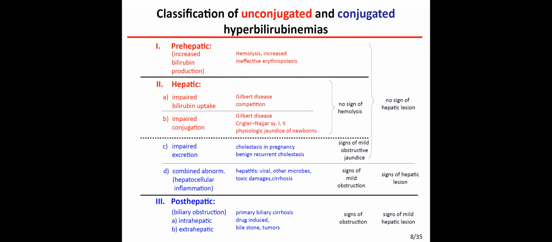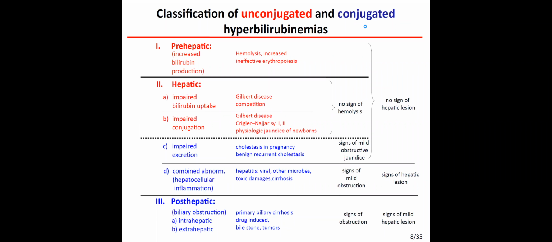Now, this table is going to summarize the classification of unconjugated and conjugated. This is the laboratory diagnostic system. Red means unconjugated, blue means conjugated. And here you can see the clinical situation.